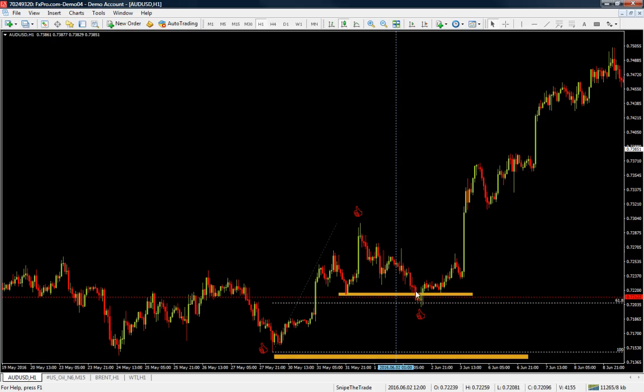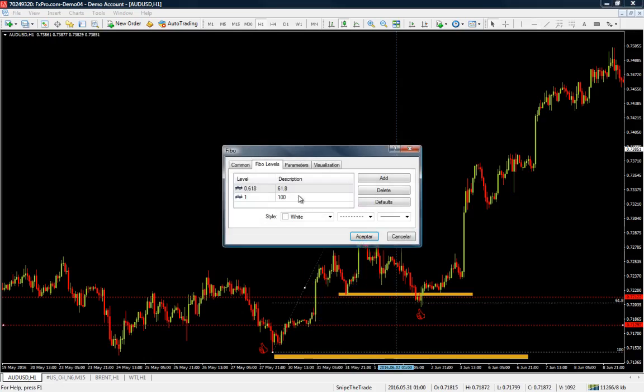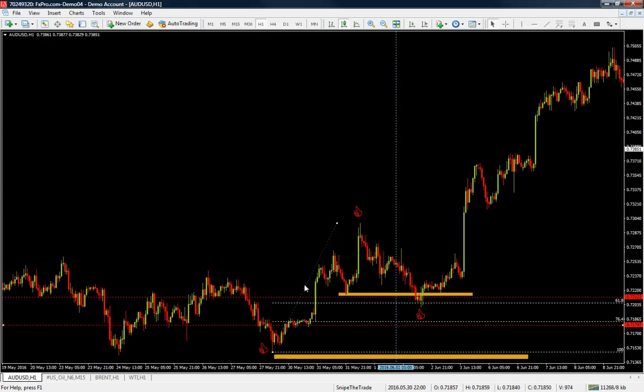We are already long, but price can come and test this area right here, which I think can be in confluence with the 76.4. Let's see if what I'm saying is true. And as you can see, it is in confluence with the 76.4.